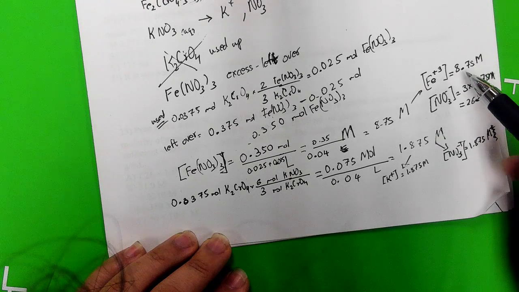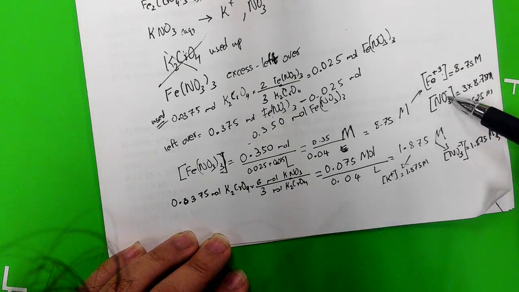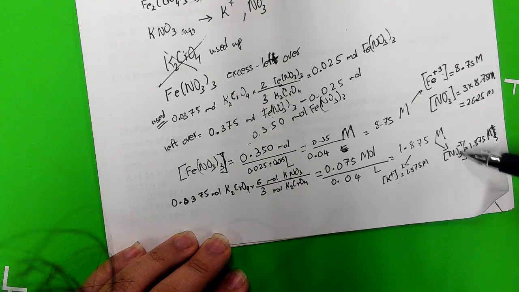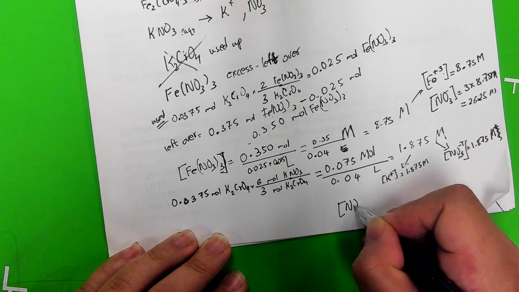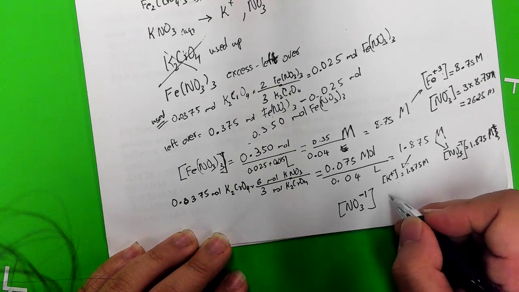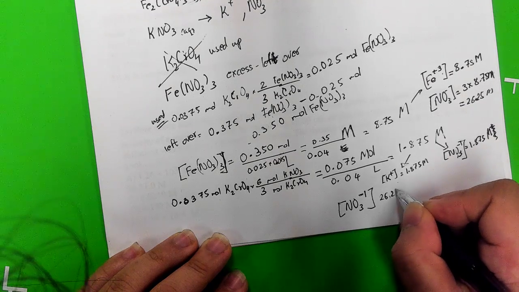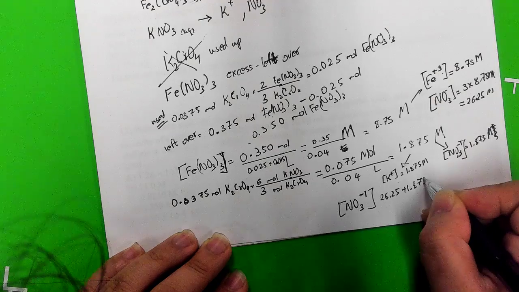Now, what's going to happen is, you notice the individual ions. You have 3 ions, Fe, NO3, and K, but you see NO3 happening in 2 places. You've got to add them. Concentration of NO3 minus 1, don't forget that minus 1, equals 26.25 plus 1.875.